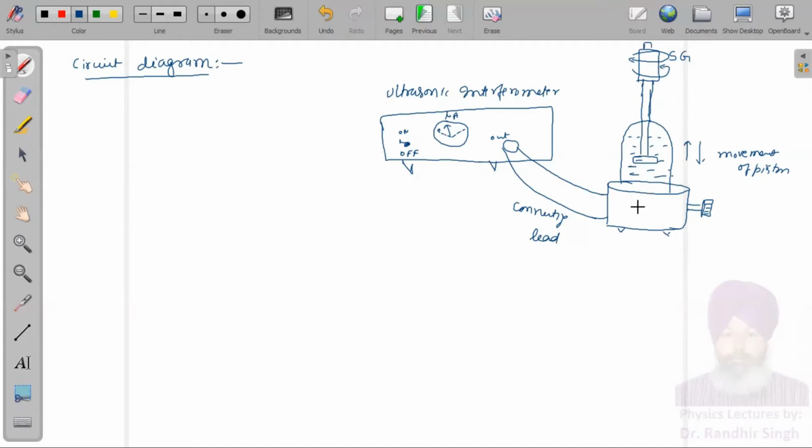Here in the base we have a pin. This pin has got a supply from this cable. Around it we have a spring. It's like this, and there we have a disc.